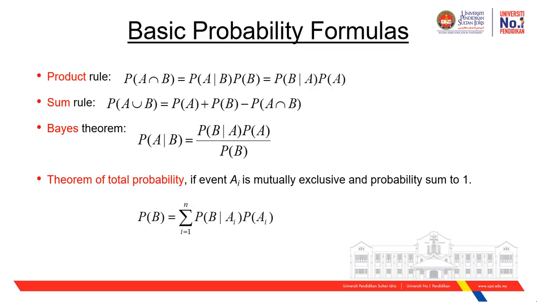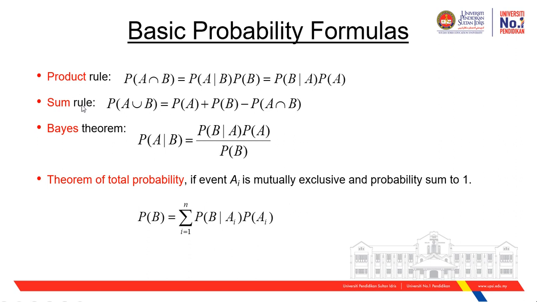Basically, for the topic of Bayes theorem, there are several basic probability formulas that will be used. The first one is the product rule, the one that I showed you just now, in which P(A∩B), or P(A and B), is equal to P(A|B) times P(B), or P(B|A) times P(A).